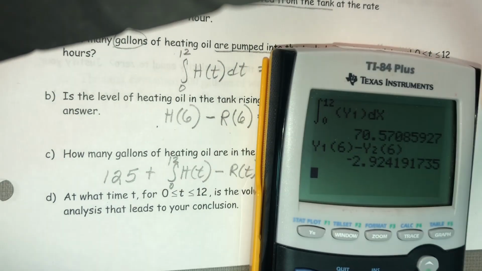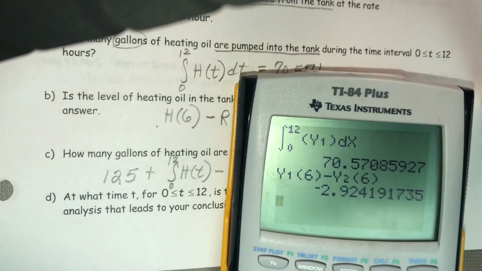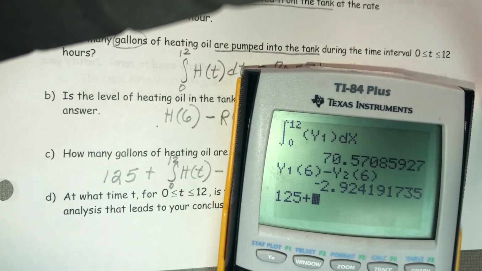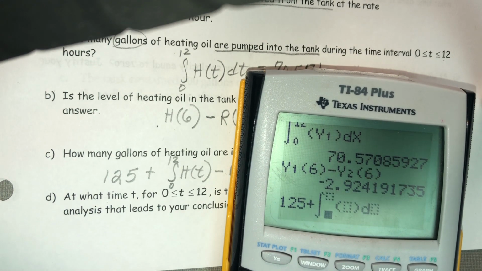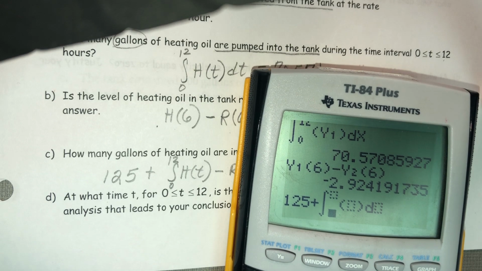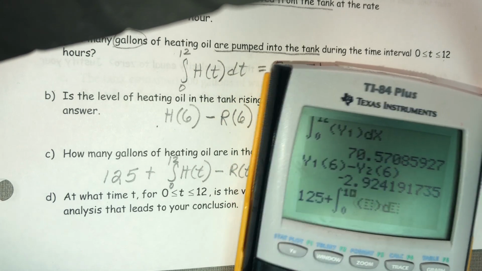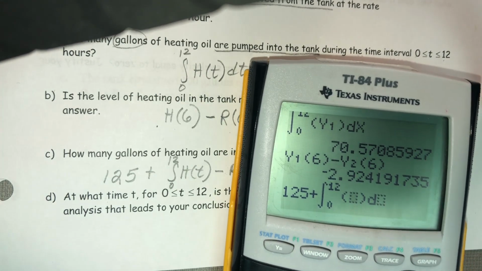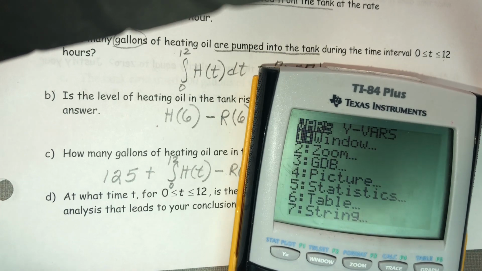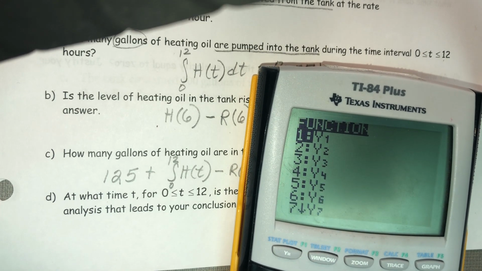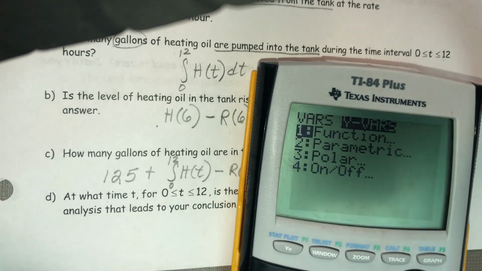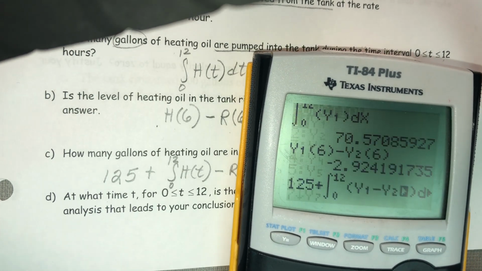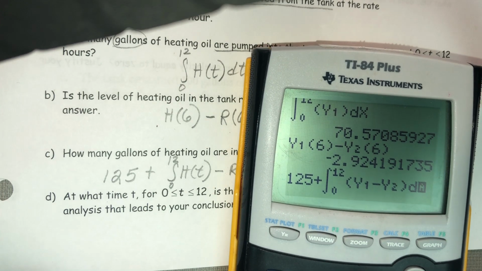So I'm going to type that in my calculator. 125 plus alpha window number 4, function integration, go from 0 to 12 of vars, y vars, function 1 minus vars, y vars, function 2 dx.